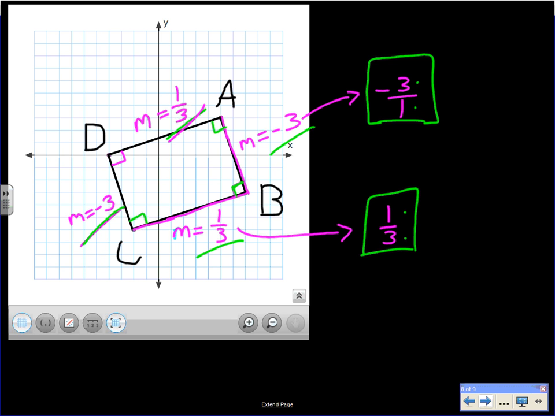So we've determined that this shape has opposite sides that are parallel, and that the angles formed there are going to be right angles. So it's one way to identify a rectangle.